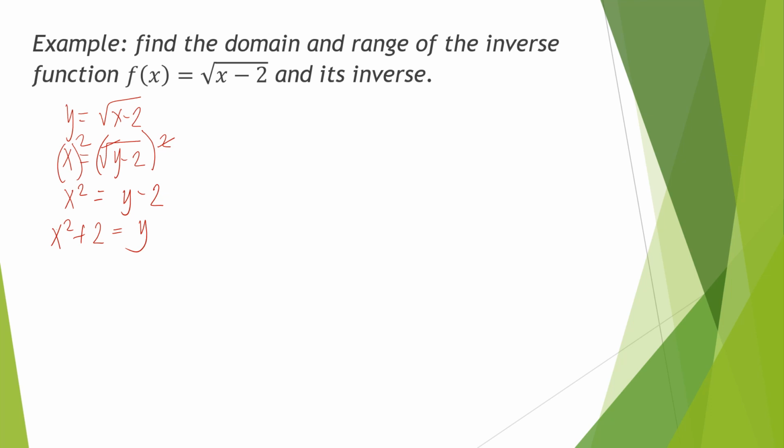Therefore, the inverse is f raised to negative 1 of x is equal to x squared plus 2. Okay? So, for the domain, so we found the inverse of the function. So, for the domain and range na, so the original is f of x is equal to square root of x minus 2.